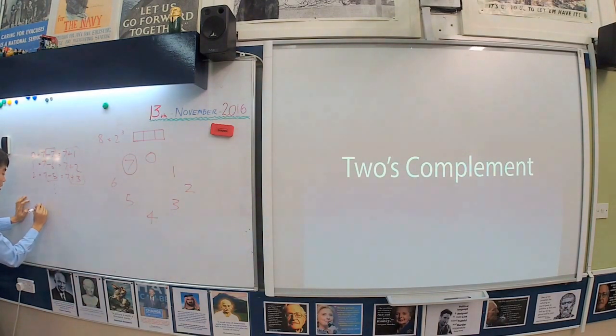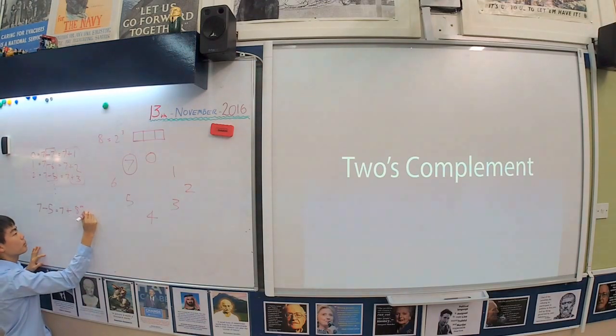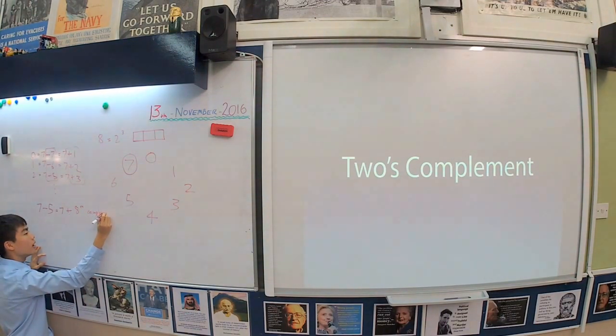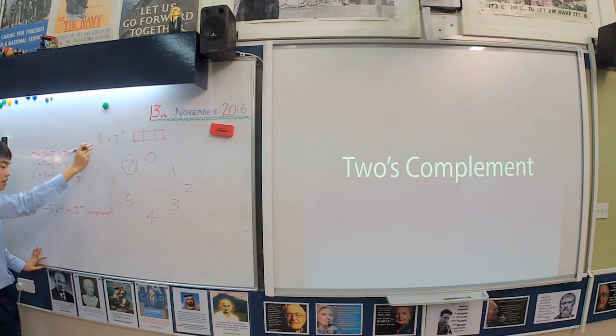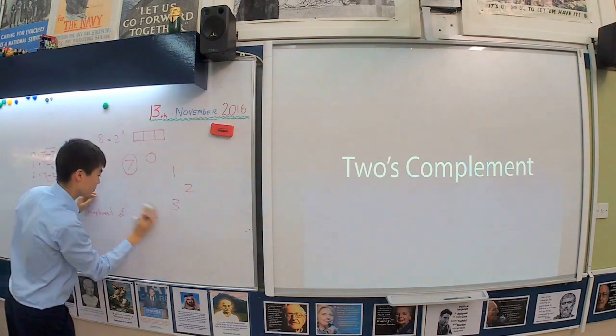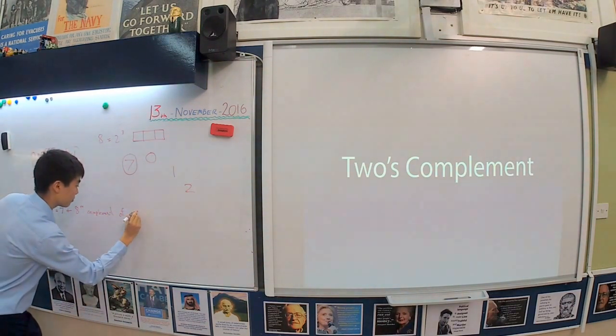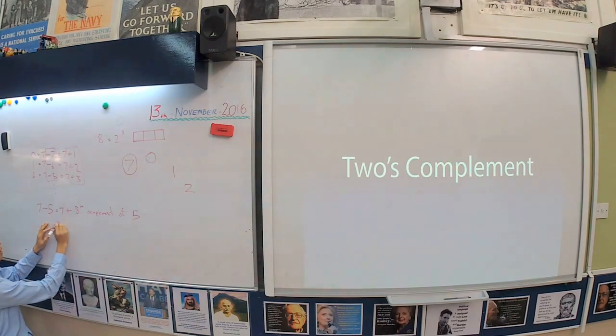If you wanted to perform the calculation 7 minus 5, let's say, computers don't actually inherently know how to minus things. They only know how to add things. So what we can actually do is 7 plus the 8th complement of 5, because there's only 8 possible combinations, which equals 7 plus 8 minus 5, which is 3.